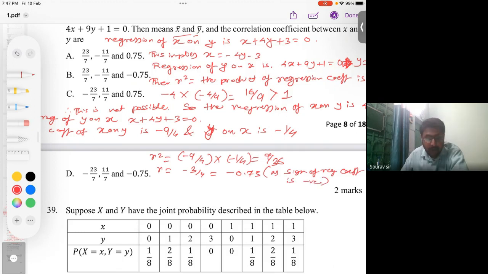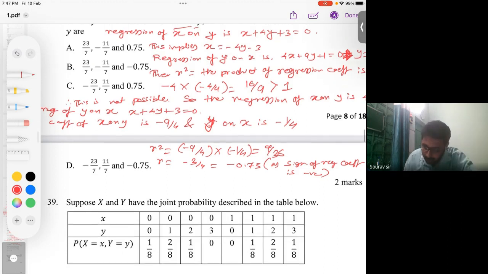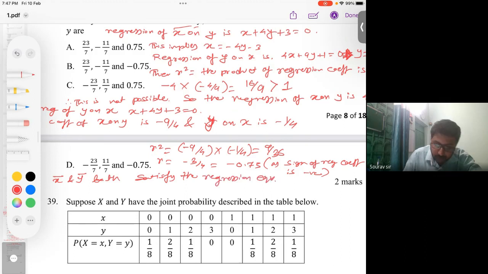Okay. Note that x bar and y bar both satisfy the regression equations.